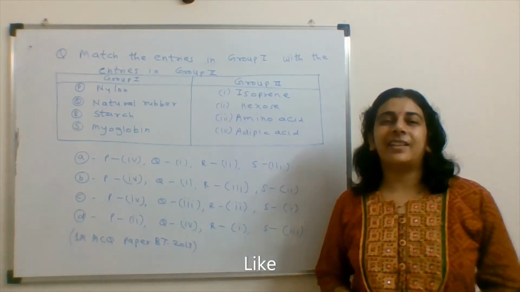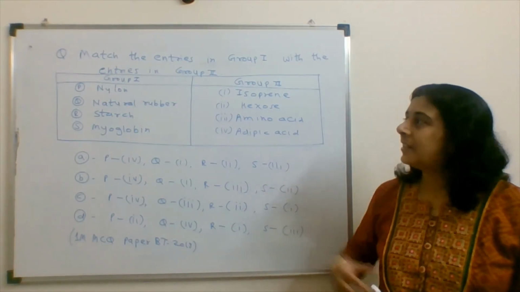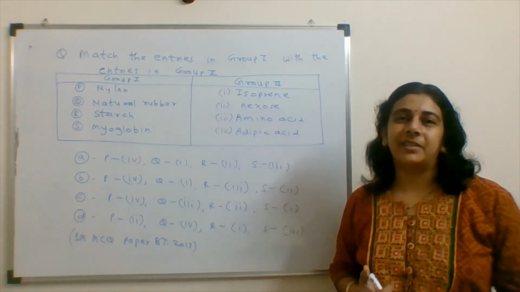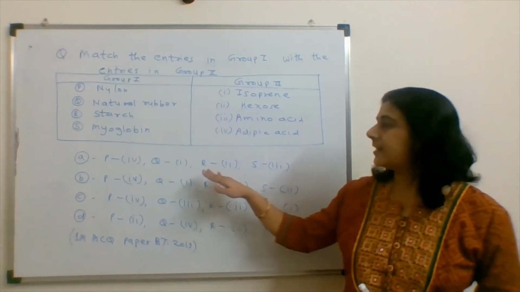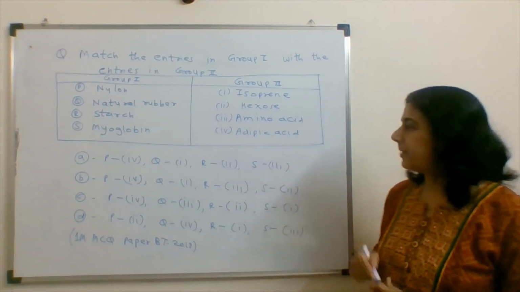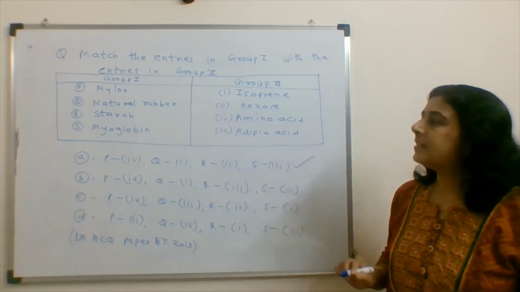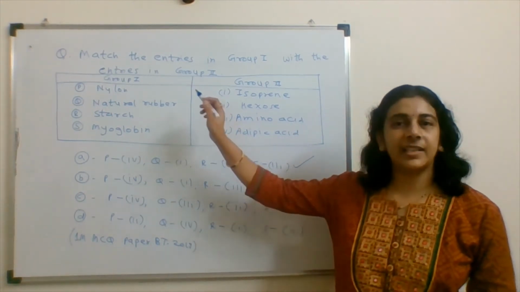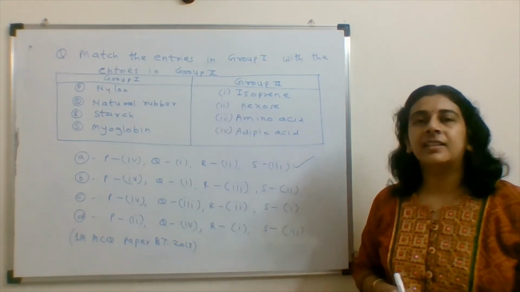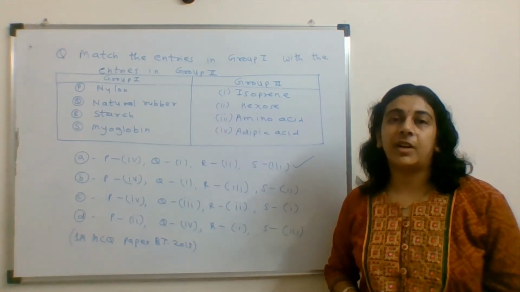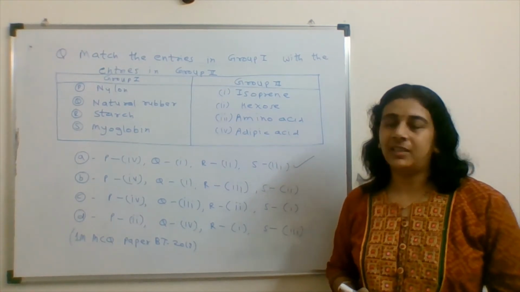So after understanding this explanation about each and every polymer, we come to the conclusion that the answer for this question must be A. See here, P is for 4, that is nylon is made up of adipic acid, meaning adipic acid is required during the preparation of nylon.